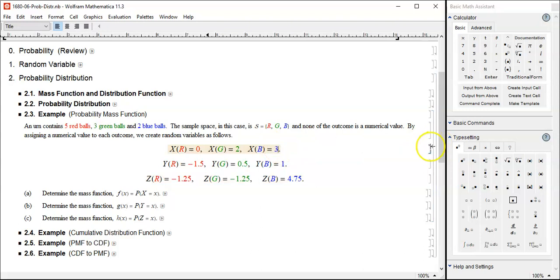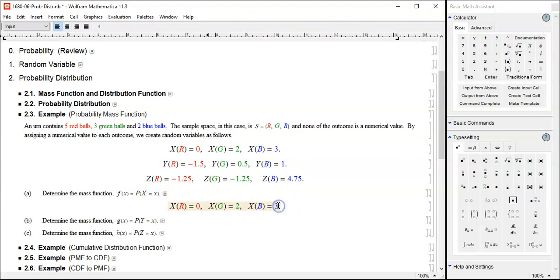Okay, let's begin with this one. Let's consider random variable X. So we have three possible outcomes, 0, 2, or 3. See, we have RGB, and we are assigning 0, 2, and 3 as payoff values, the numerical values. So the possible numerical values are 0, 2, or 3. There's nothing else. And how do we express all this?